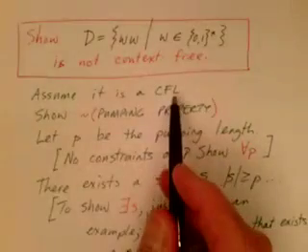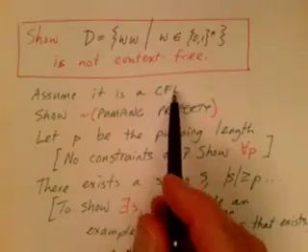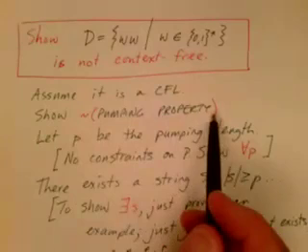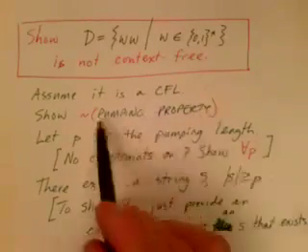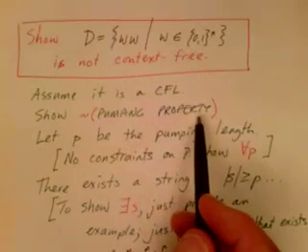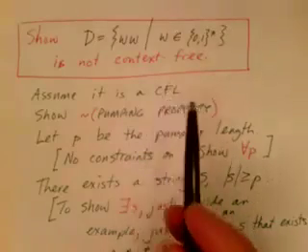We're going to assume that this language is context-free, and therefore it ought to have the pumping property. But we're going to find that the pumping property does not hold, and therefore, by contradiction, this was not a context-free language in the first place.